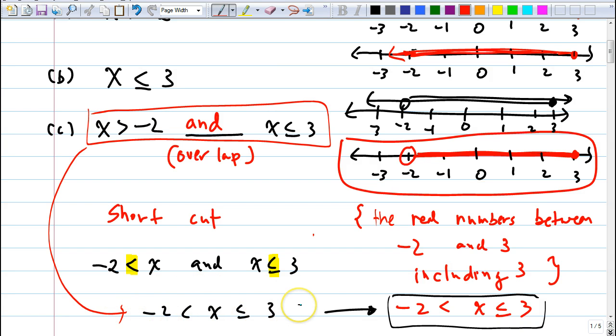By the way, how many inequalities does this represent? 2, right? Even though it looks like it's just 1. This represents 2. Which 2? Well, it represents this one here, x greater than -2 and x less than or equal to 3. Do you see how that works? So if you get a graph like this, it makes sense, right? Look at x. x is between -2 and 3. That's how you write this, with all these less than symbols.